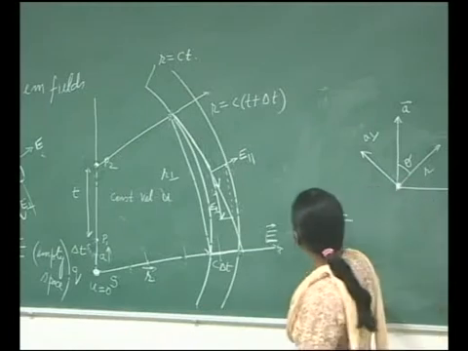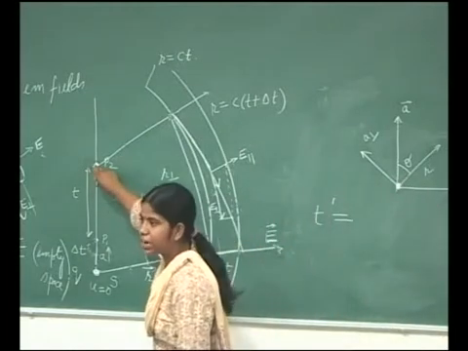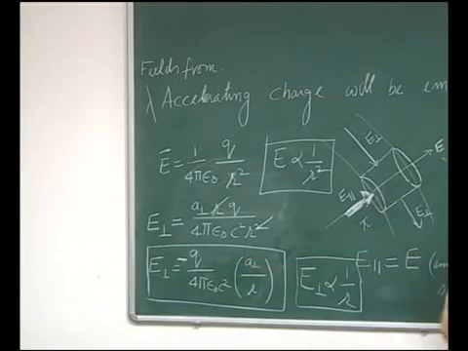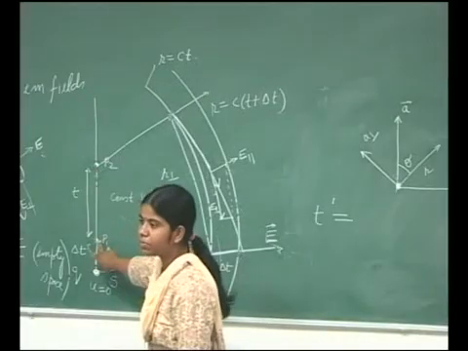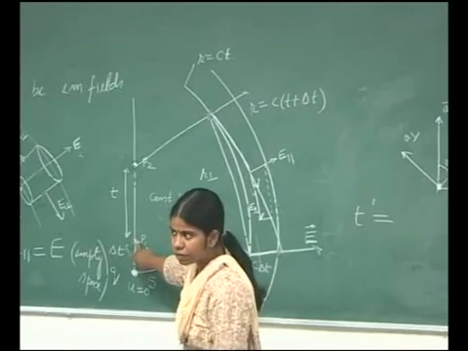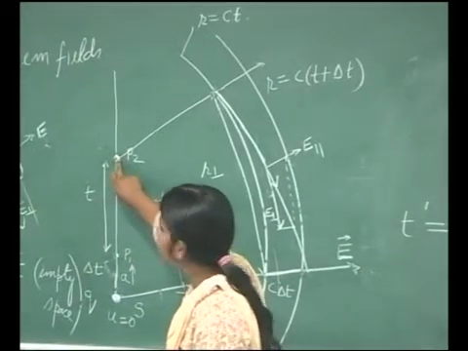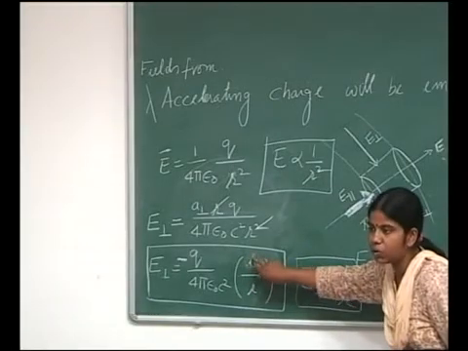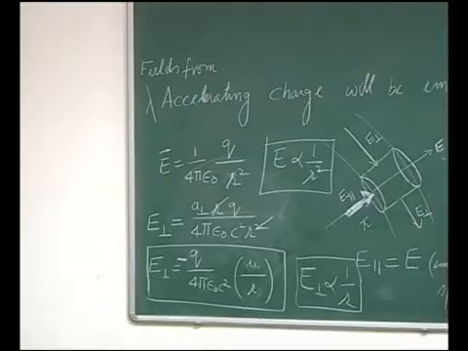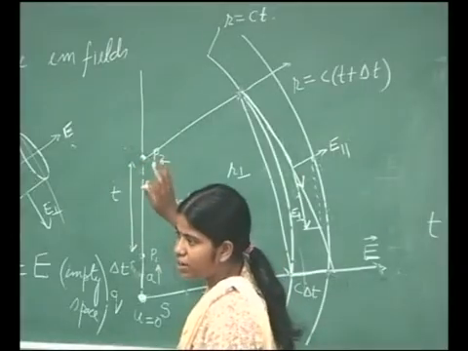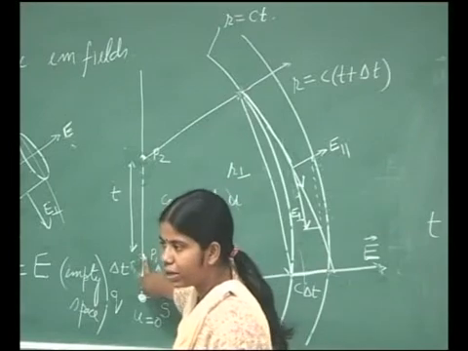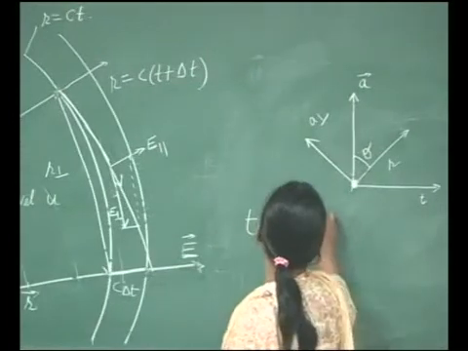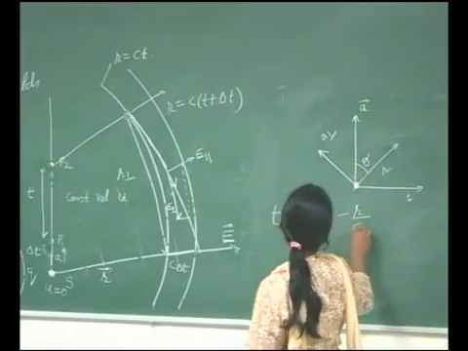I am observing my system at t, but I know that this acceleration A perpendicular is happening not at time t, but some earlier time t dash. Is it clear? At time t there is no acceleration. The acceleration happened much earlier, and if I say that acceleration happened at some time t dash, then that t dash I can write as t minus r upon c.